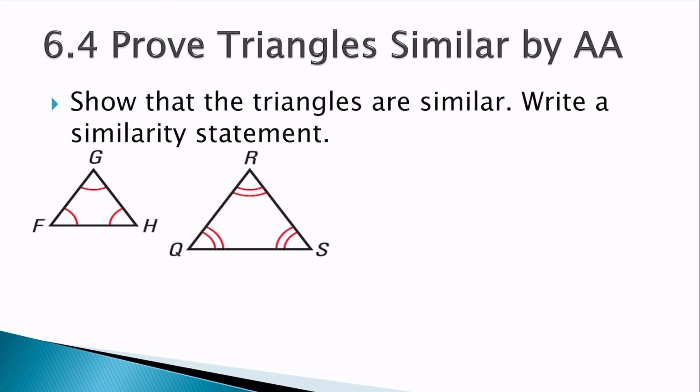So let's show that the triangles in the picture here are similar. Write a similarity statement. Well, since these are equiangular triangles, I know that the angles are all 60 degrees.